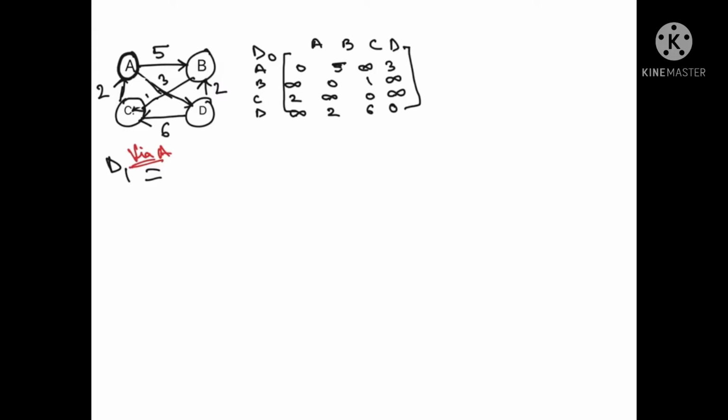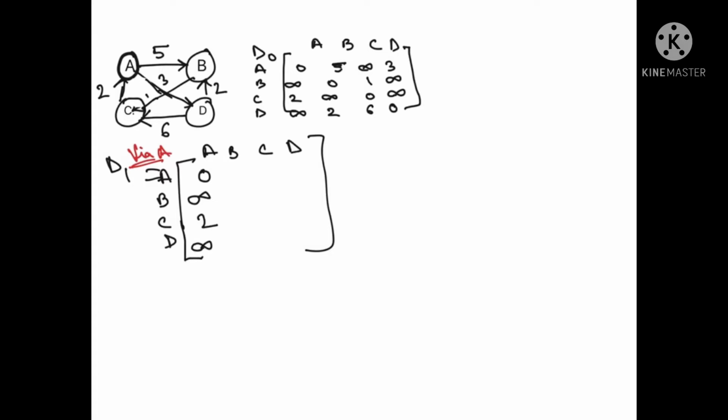So I will write it like this: A, B, C and D. First of all, the first row via A will remain the same, because wherever you go, this will be the same. This row and this column, you have to copy from D0. Whenever you have to copy, you copy from this part.